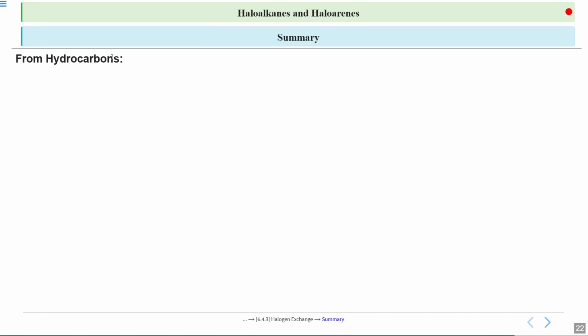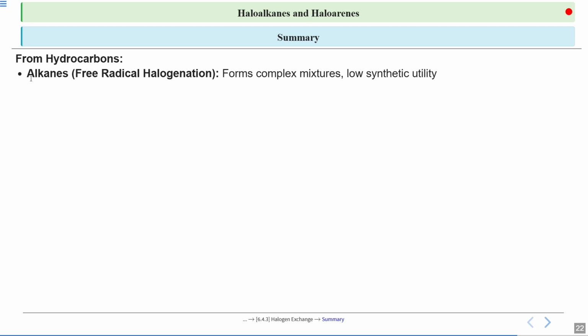Then we saw the preparation of haloalkanes from hydrocarbons, where first of all we covered alkanes, which follow the free radical halogenation process involving free radical formation. This forms complex mixtures when it reacts with the alkane, which have low synthetic utility, because you can't easily separate the isomeric mixtures you get after the reaction.